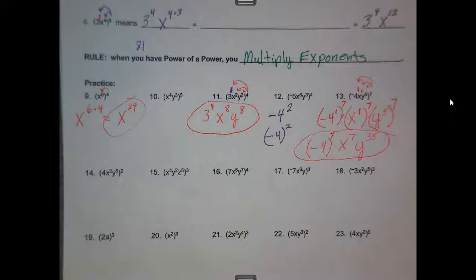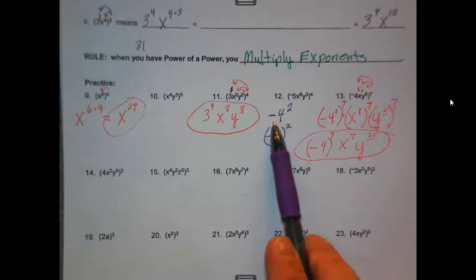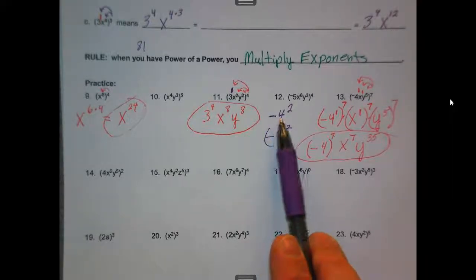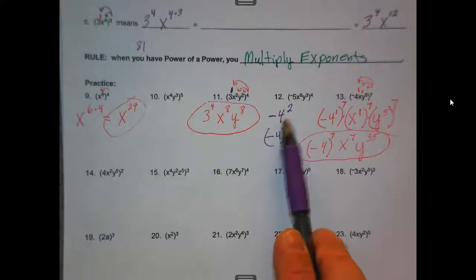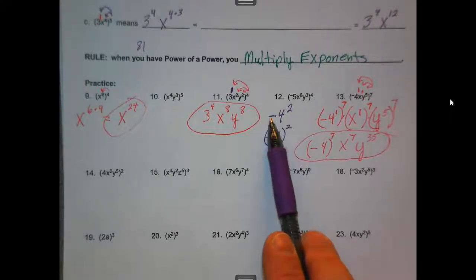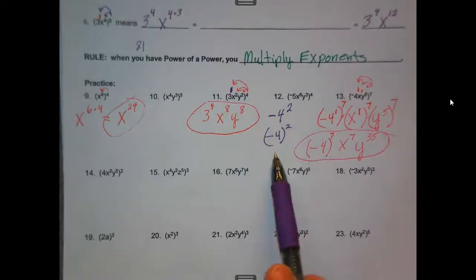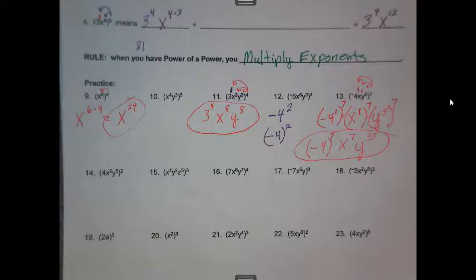Your calculator is very strict on following PEMDAS, parentheses, order of operations. This one doesn't have parentheses, so take the exponent first. 4 squared is 16, then multiply it by negative 1. So this becomes negative 16. This is a positive 16. So please keep negative numbers in parentheses when working with exponents.